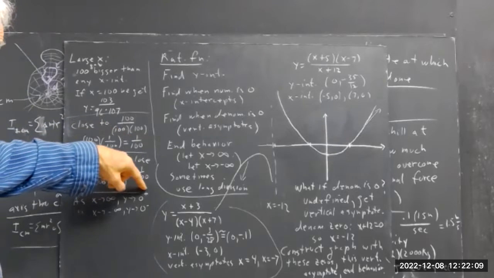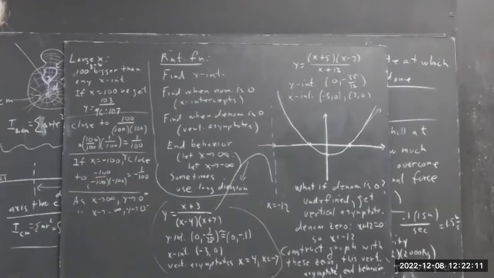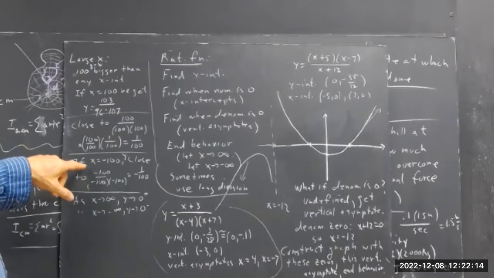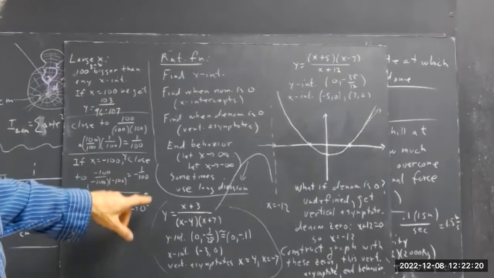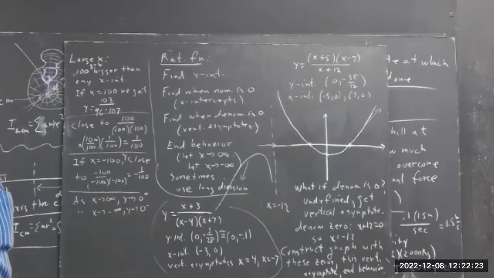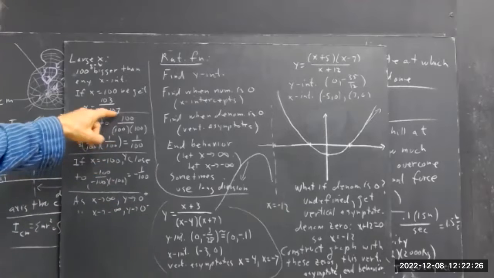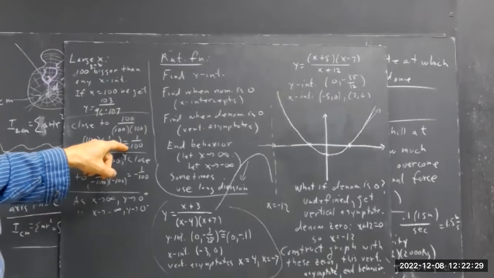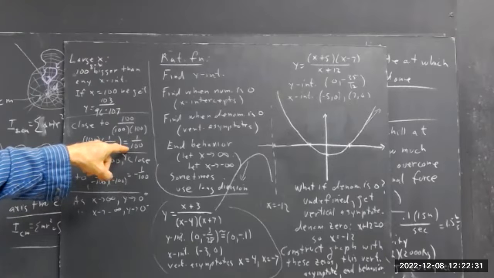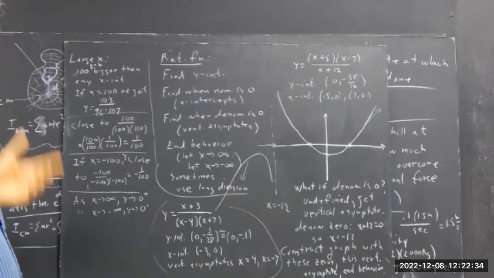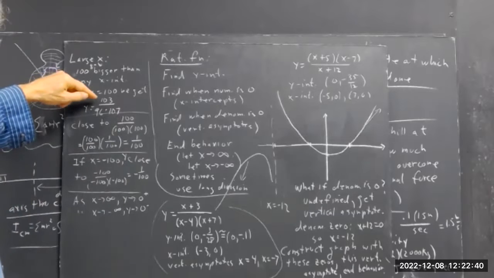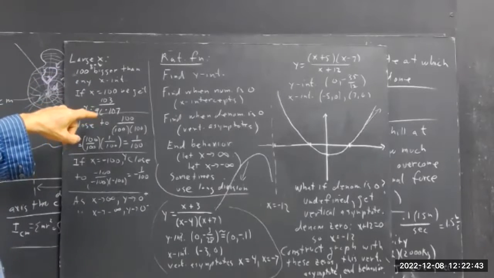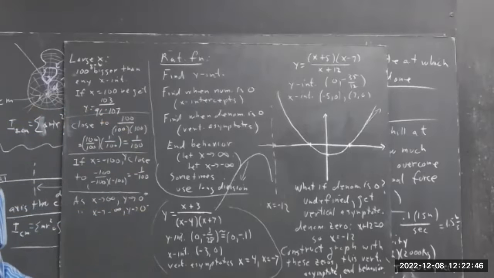So I say Y goes to 0 through positive numbers. That's what the positive means. And here, if X is a big negative number, you're going to get a tiny negative number, meaning Y is going to go to 0 through negative numbers. Again, why does it go to 0? Because the bigger the number you use for X, the smaller your result is going to be. I started out saying, well, use 1,000,000. Well, 1,000,000 is overkill. But you can think, okay, if X was close to 1,000,000, your numerator would be close to 1,000,000, your denominator would be close to 1,000,000 times 1,000,000, which is getting really close to 0 on both scales. Okay.